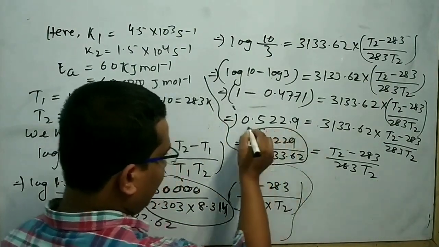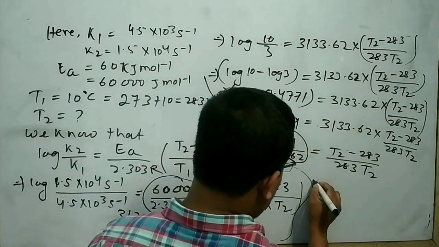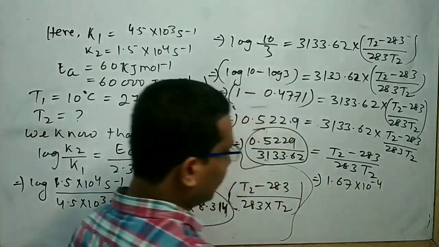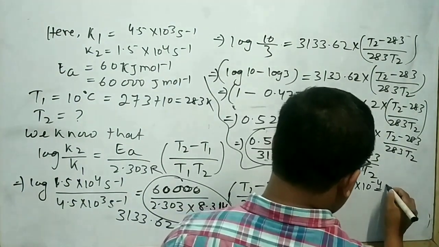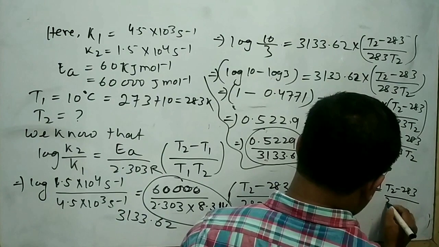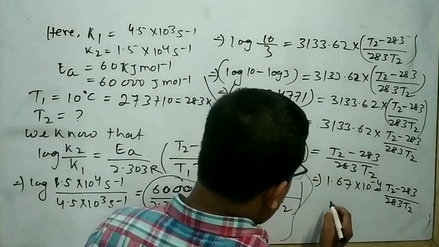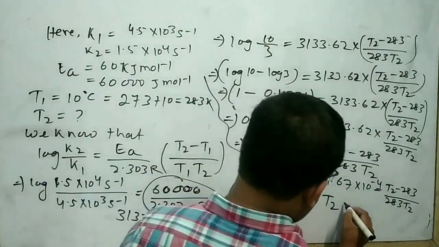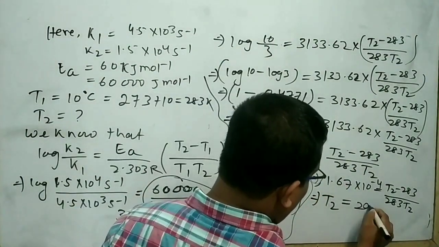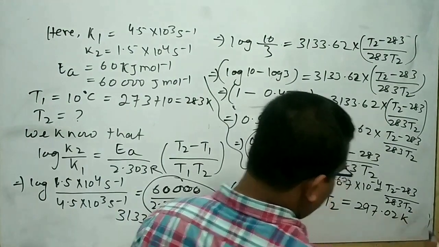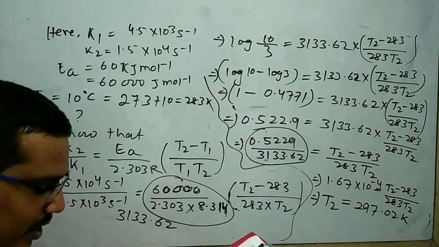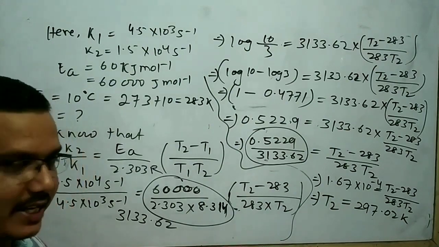By solving this term, I will get 1.67 into 10 to the minus 4 equals (T2 minus 283) divided by 283 T2. After solving, we can find out the value of T2 is equal to 297.02 Kelvin.